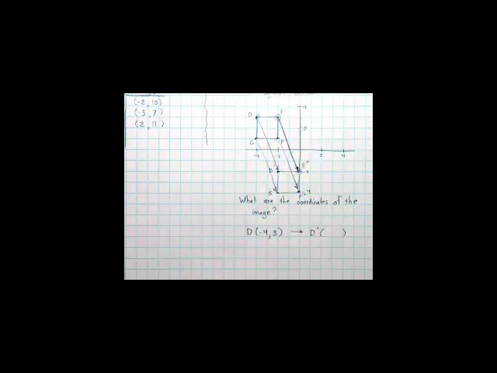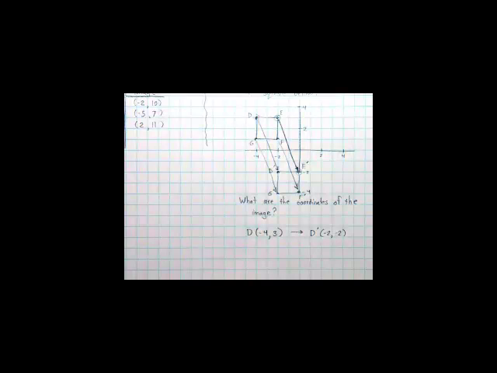Okay? So, negative 4, 3: I add 2 to negative 4, that's negative 2, and then I subtract 5 from 3, that's negative 2. So D prime should be at (-2, -2). Take a look at the picture. Is that the case? Right.